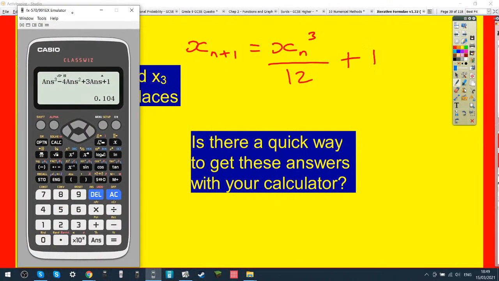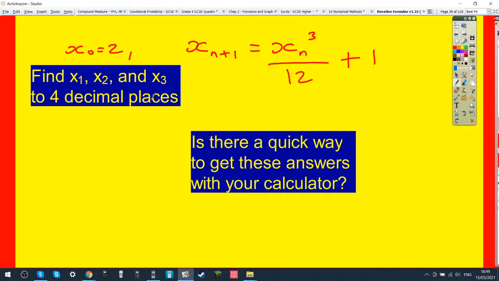Does that mean now to get x1 I need to sub in 2 into that equation? Yeah. And so that would be 2 cubed over 12 plus 1. All good. How would you get x2? Then sub in that answer into x2, and then sub in x2's answer into x3.